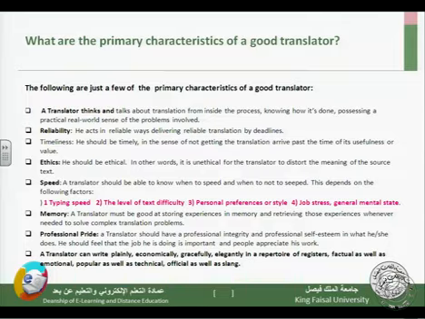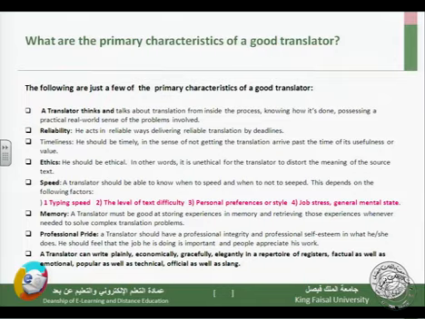Now the memory. Memory is again one of the best characteristics of a good translator. A translator must be good at storing experiences in memory and retrieving them whenever needed to solve complex translation problems. Professional pride: the translator should have professional integrity and self-esteem in what he or she does.